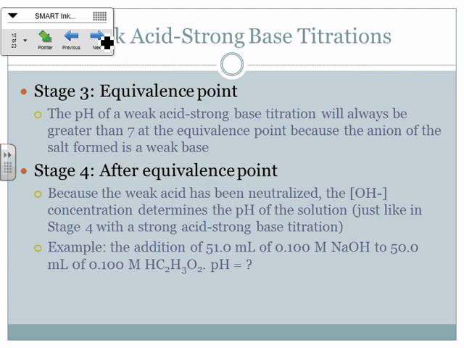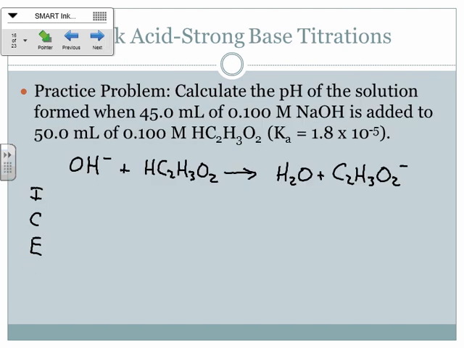Okay. And you just kind of have to think about what's happening here, and hopefully that'll guide the process. So we're going to have 0.00450 moles of the OH minus, and then we've got 0.00500 moles of the acetic acid. And again, we're assuming that we don't have any of this to start with. Okay? So at this point, what is our limiting reactant here? What's going to run out first?